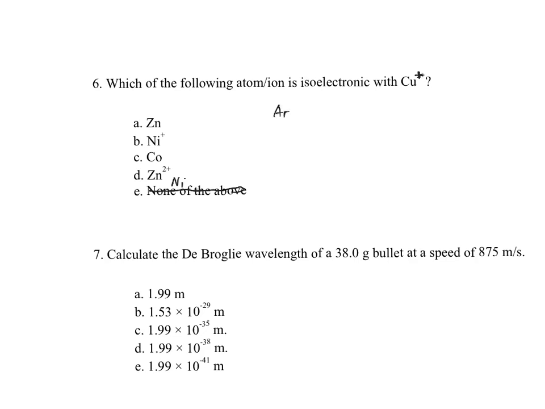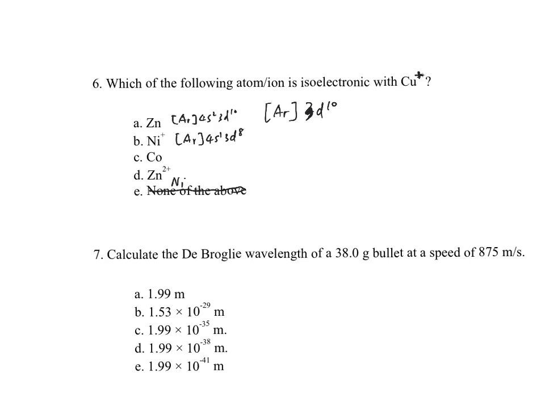Based on our rule, losing one electron from the valence shell gives 3d10. Now, zinc is argon 4s2 3d10, and the electron count is not even correct. Nickel plus, we just discussed that, is argon 4s1 3d8.